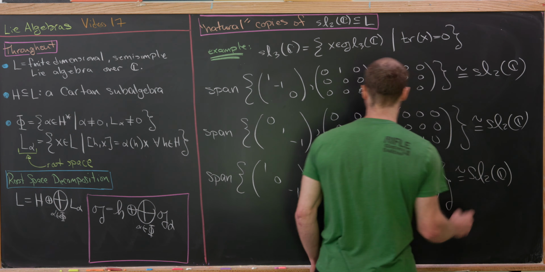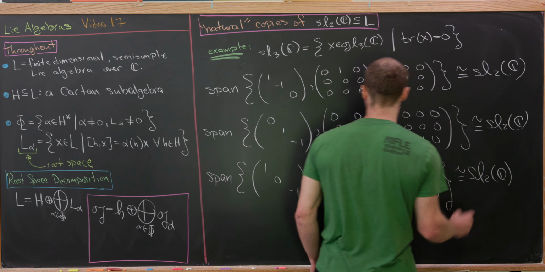Nice. And now, let's recall the following. L semisimple is equivalent to this killing form, which we've been using for the last several videos, being non-degenerate. So that implies the killing form is non-degenerate.